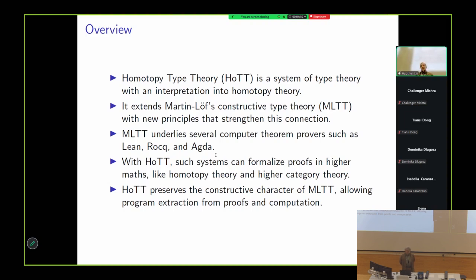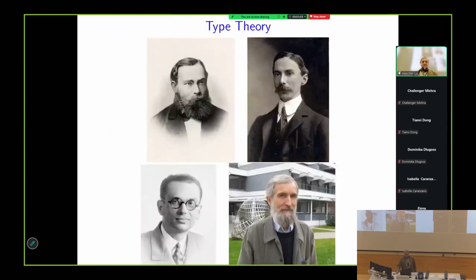The interpretation into homotopy theory adds some new features, and the question is, do those new features preserve the constructive character of the type theory, or do they destroy the constructive character? So that's the kind of rhetorical question that I'm asking, and that's what the talk is kind of centered on.